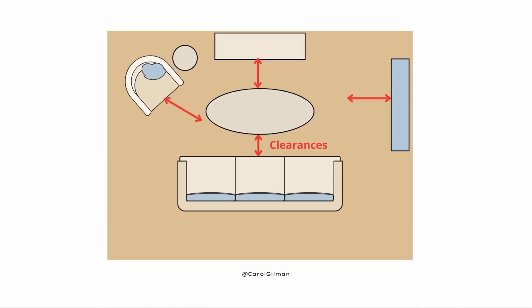It provides a chance for us to get in and out of the sofa easily, as well as being able to access anything on the coffee table. So negative space is just as important as the positive space, all of those different things that we're going to be placing in a room, so that we can create both a functional and balanced look to that space.